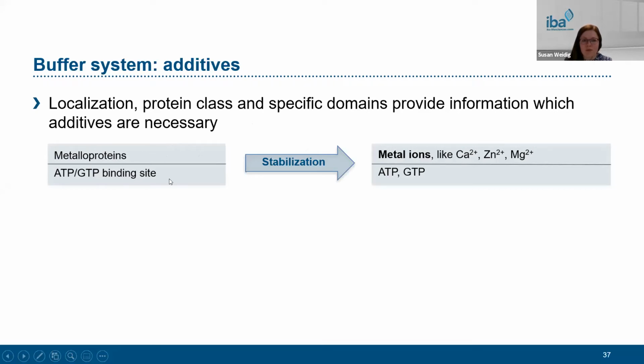Metalloproteins have a metal binding site, for example, for calcium or zinc or manganese. And these metal ions are necessary to stabilize your protein. It is also possible that your protein has an ATP or a GTP binding site, and then you have to add ATP or GTP to stabilize your protein.